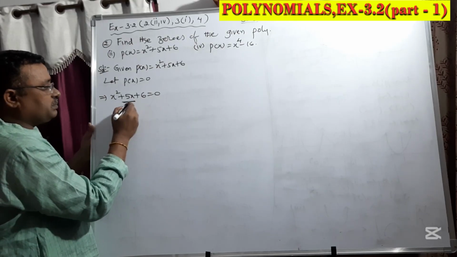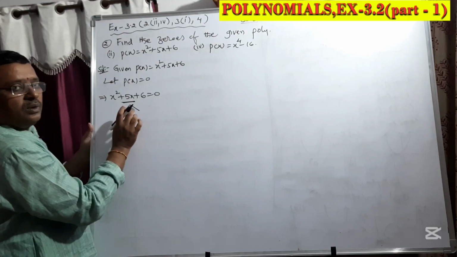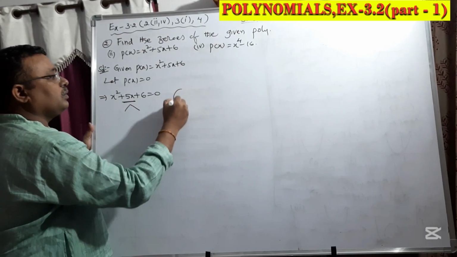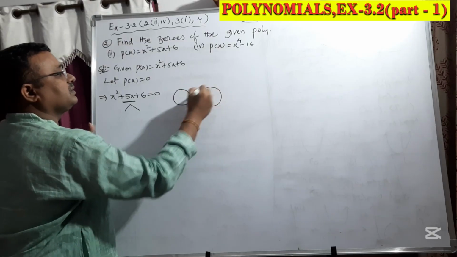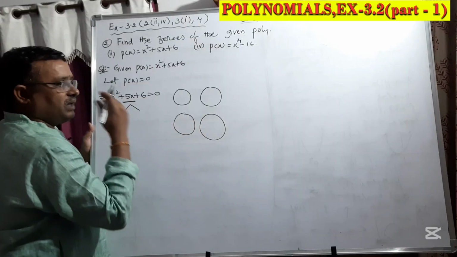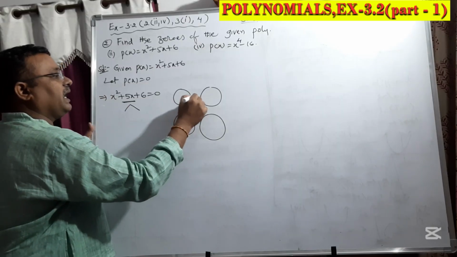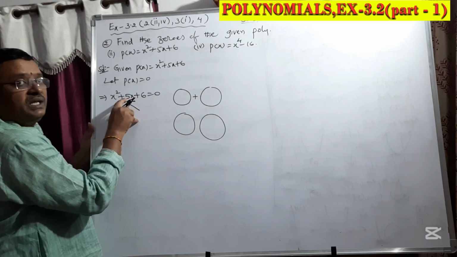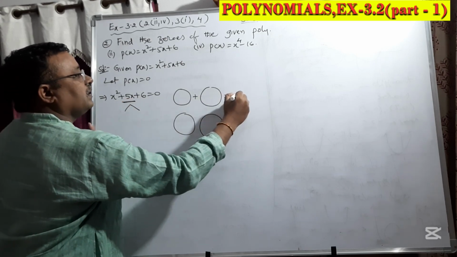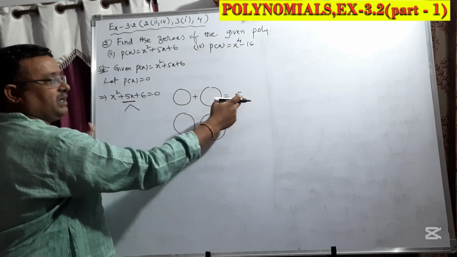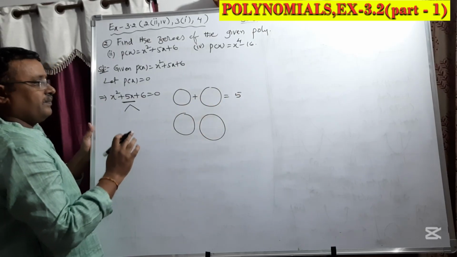To split the middle term into two terms, we need two new values. The sum of those two numbers must be equal to the x coefficient, 5.